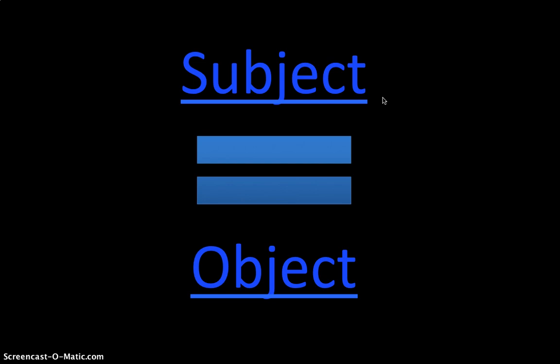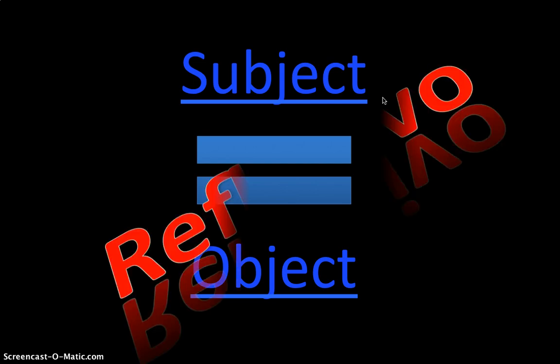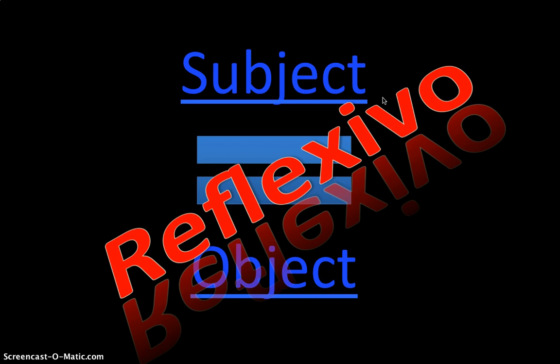If you think about it, the action is reflecting, boom, back onto the subject. Okay? That's why we call that reflexivo. So while there is someone doing the verb and something the verb is impacting, there's only one person involved with that action. And that is the key important point to be made here.